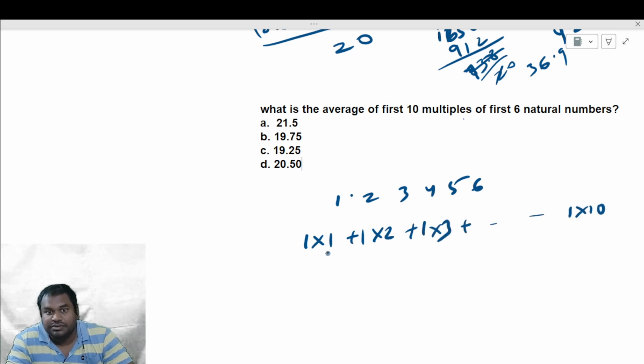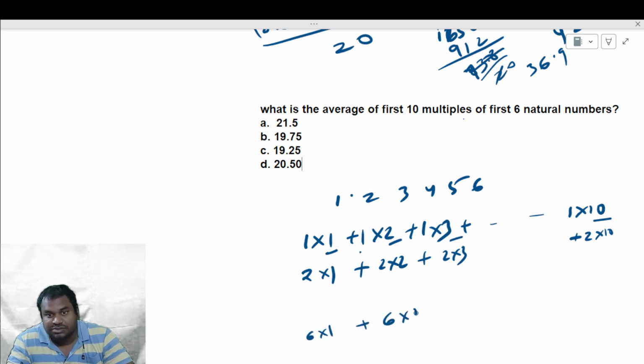So now this is first multiple of 1, second multiple of 1, third multiple of 1, like that, 10th multiple of 1. 1 is completed. Now you take 2. 2 into 1 plus 2 into 2 plus 2 into 3, like that, till 2 into 10. So this way you have to do till 6. 6 into 1 plus 6 into 2 plus 6 into 3, like that, plus 6 into 10.